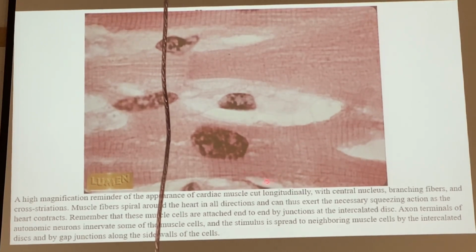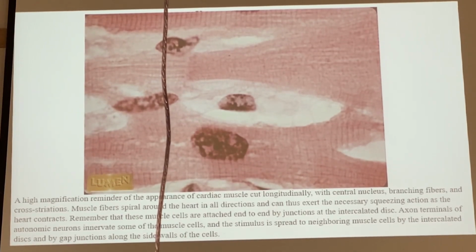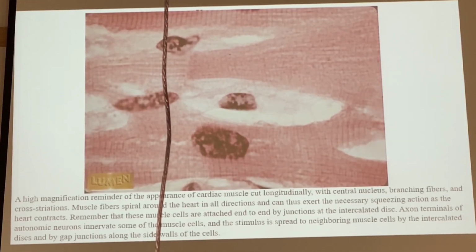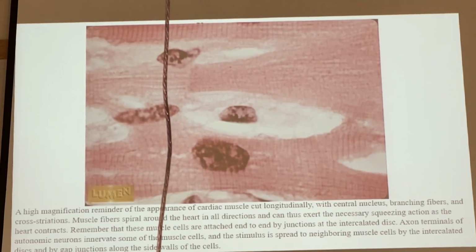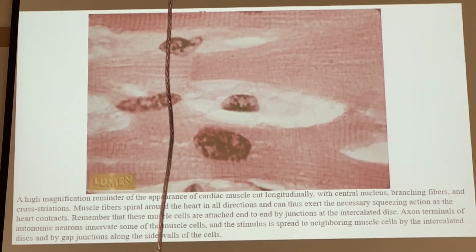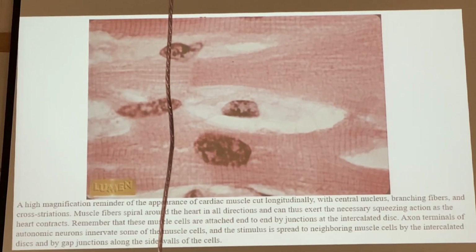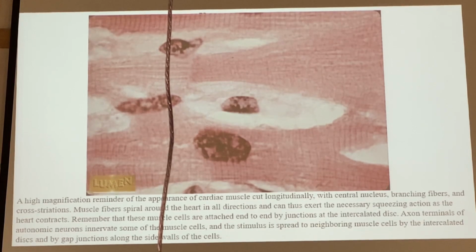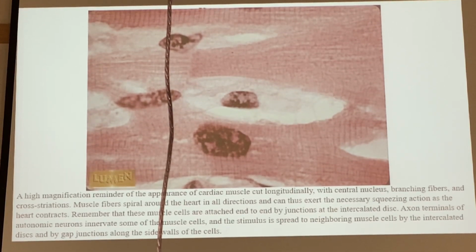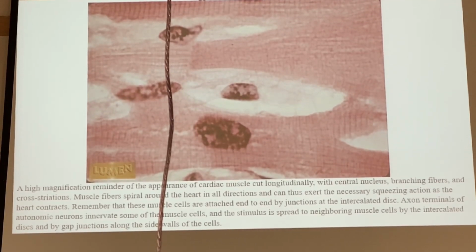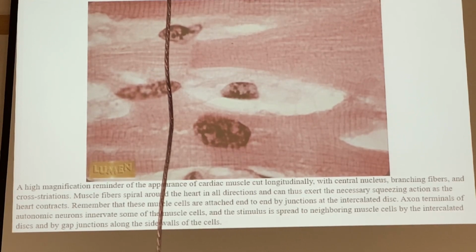And the cells are separated by connective tissue. If you remember, yesterday we said not more than 1 to 2 cardiac muscle cells are away from a capillary, which brings the blood for the nourishment of the cardiac muscles. In this area, the white areas are the connective tissue.